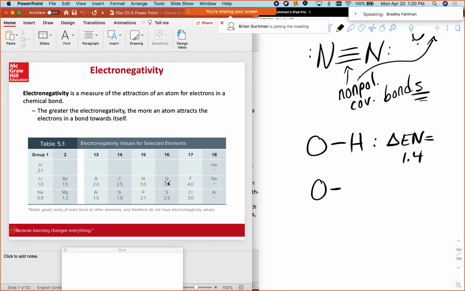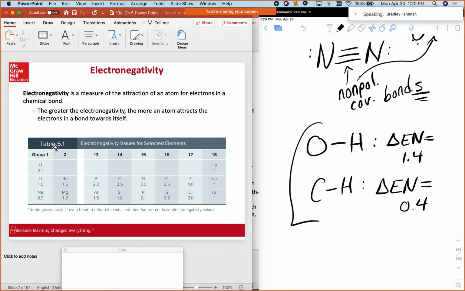If you look at, let's say, a CH bond, that difference in electronegativity is going to be much less. Carbon is 2.5, hydrogen is 2.1, so that's only going to be 0.4. So we would say that an OH bond is more polar than a CH bond.